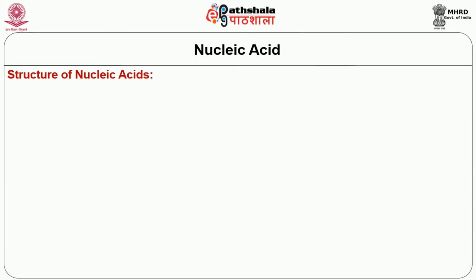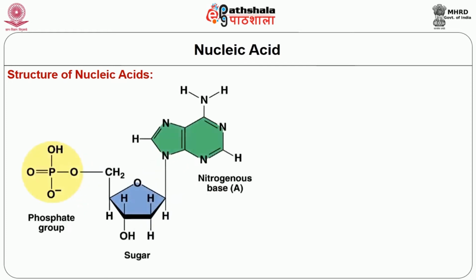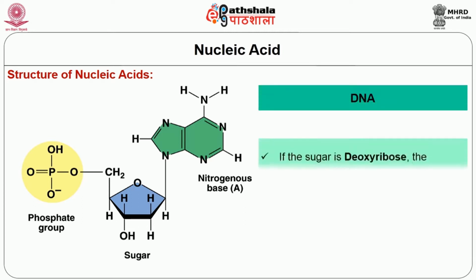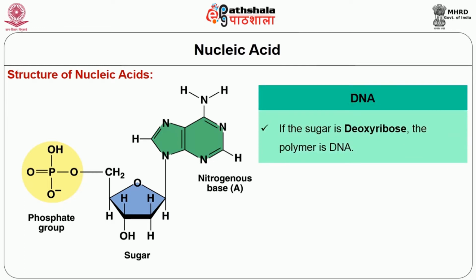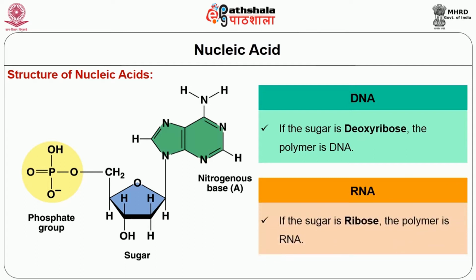Each nucleotide has three components: a 5-carbon sugar, a pentose sugar as we call it, a phosphate group and a nitrogenous base. If the sugar is deoxyribose, the polymer is DNA or deoxyribonucleic acid, and if the sugar is ribose, the polymer is RNA or ribonucleic acid.